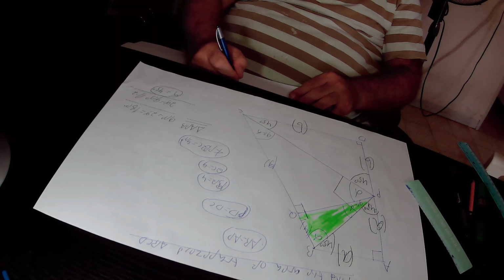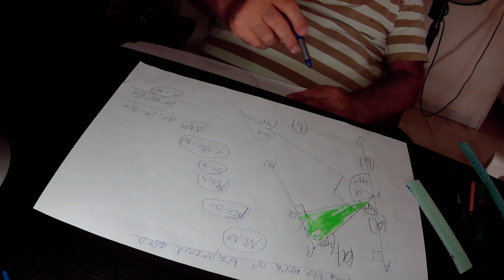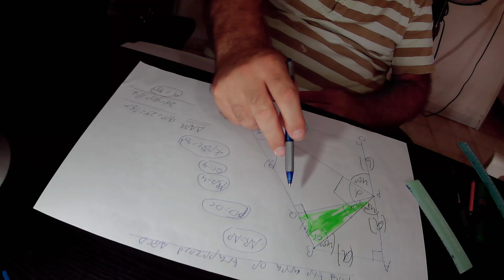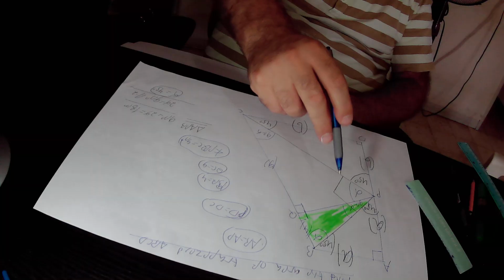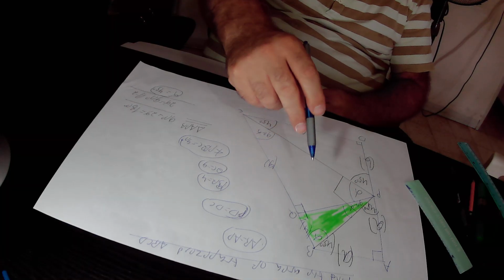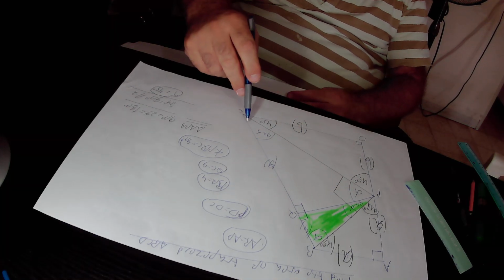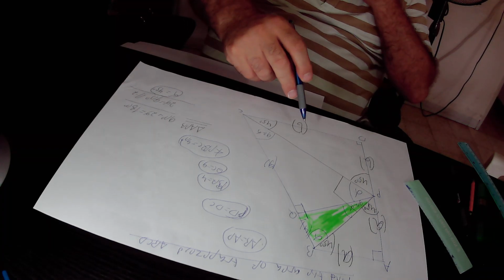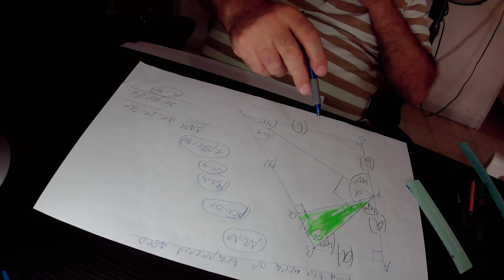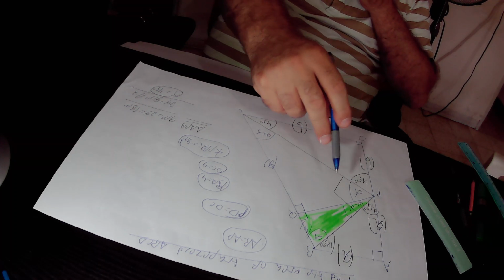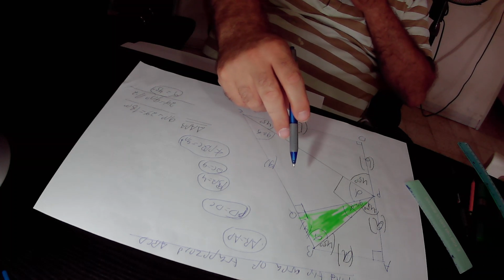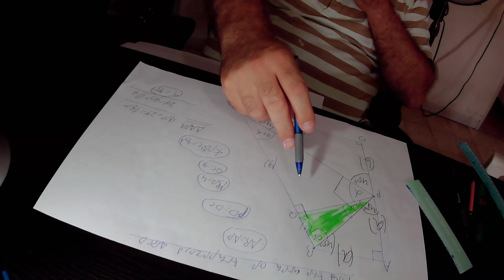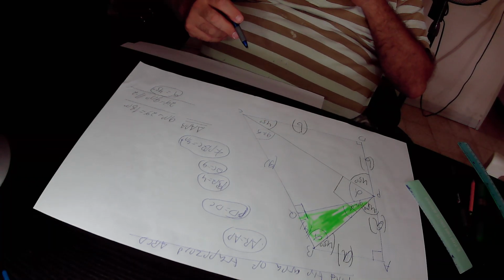Repeat again: side PQ of the big right triangle PQC over side BQ of the small green triangle PBQ is equal to side QC of the big right triangle PQC over side PQ of the right green triangle PQB. Okay?